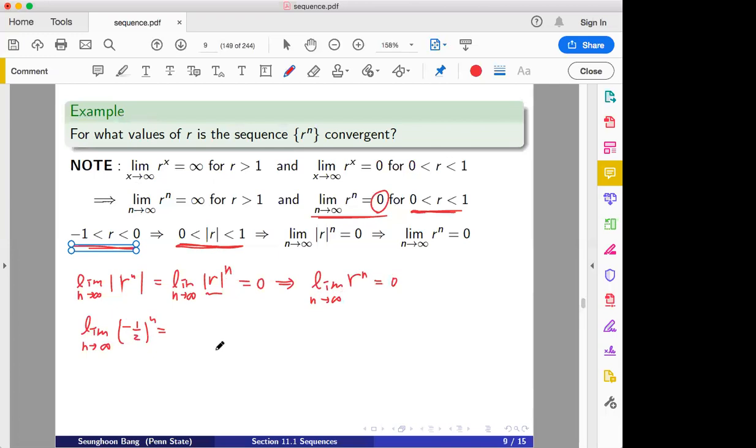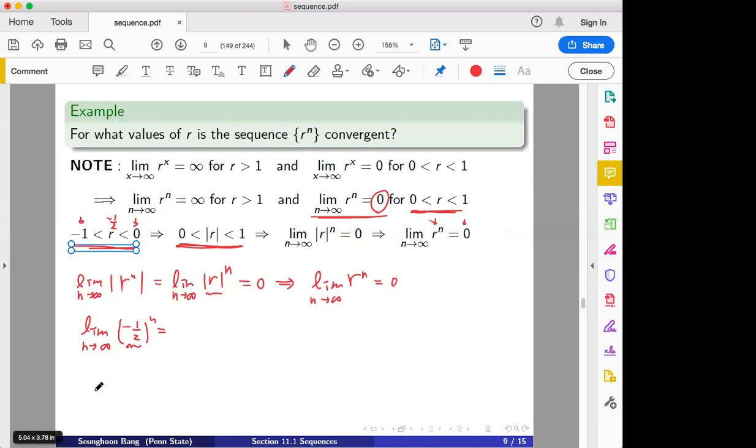The answer is 0. What is r? The r is minus 1 over 2. Here, minus 1 over 2 is between negative 1 and 0. The power is going to 0. We can use this result.